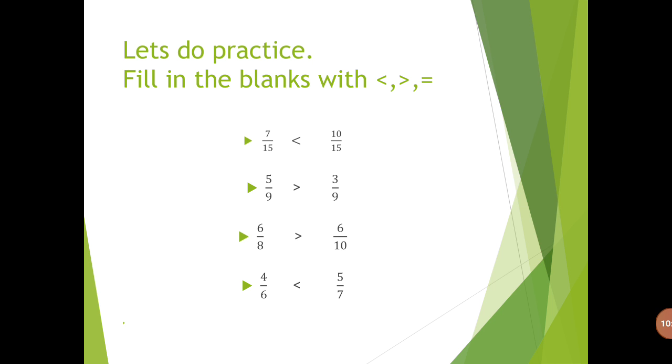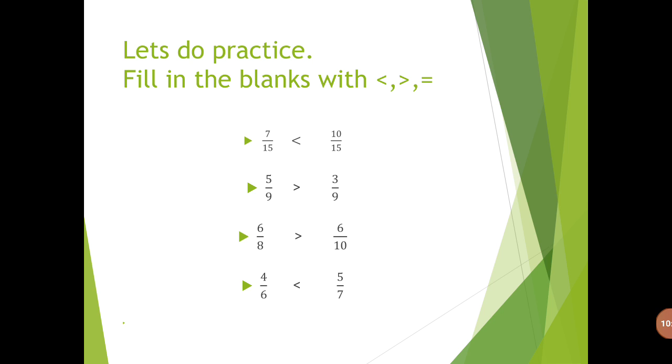So you will multiply 4 upon 6 by 7. We get in the numerator 7 4s are 28, and in the denominator 6 7s are 42. So the new fraction is 28 over 42. If we multiply the second fraction by 6, 5 6s are 30 and 7 6s are 42.